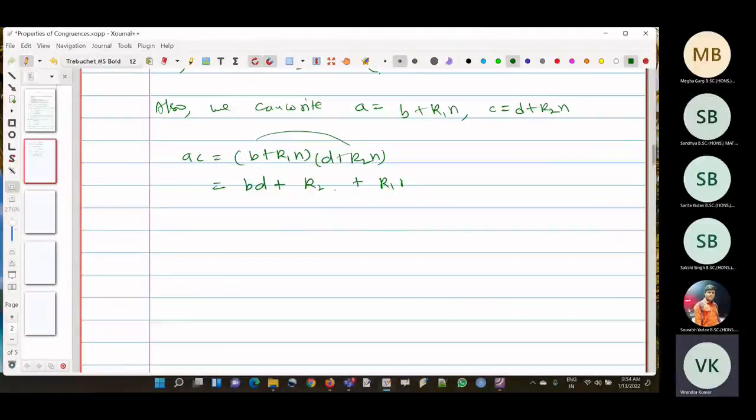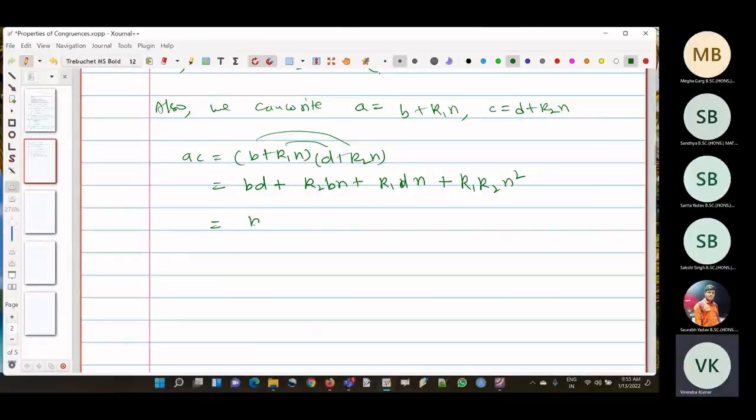So k2 and B times n, and once we multiply these two, we have k1 times D times n, and plus there is one more term, which is k1 and k2 times n squared.